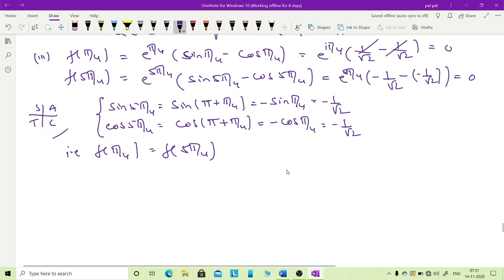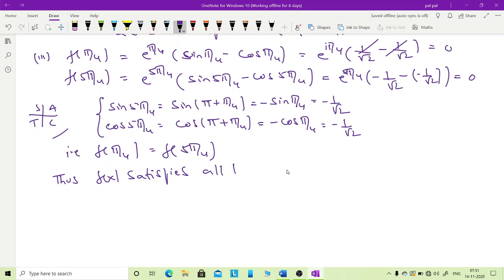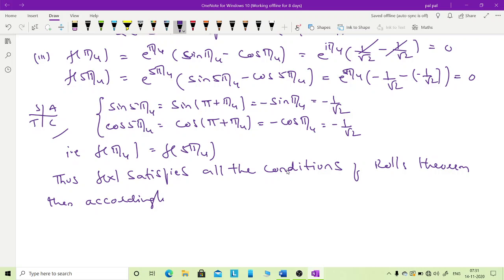So accordingly, there exists c belongs to pi by 4, 5 pi by 4 such that f dash of c is equal to 0.